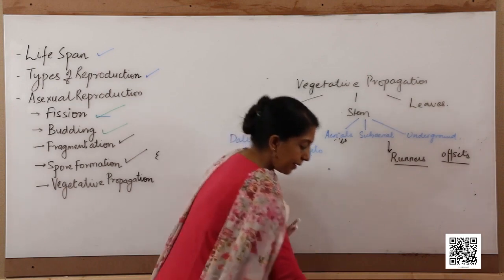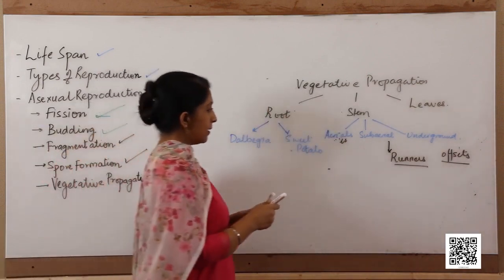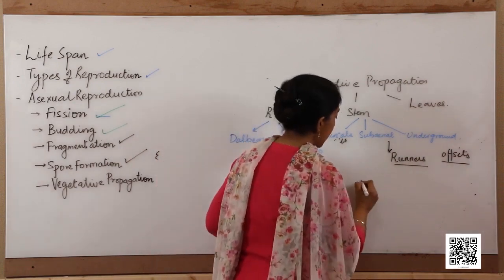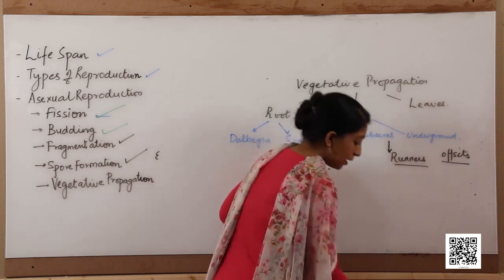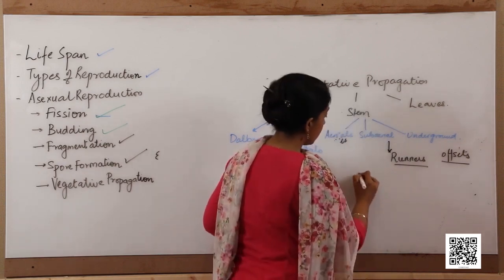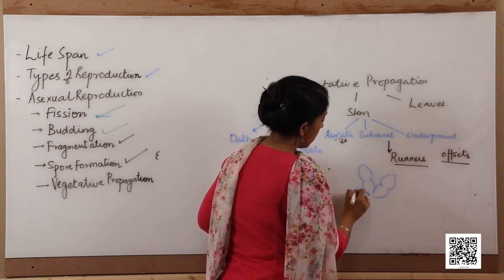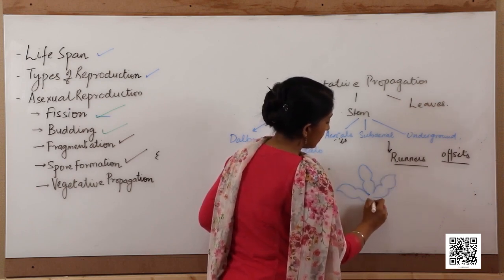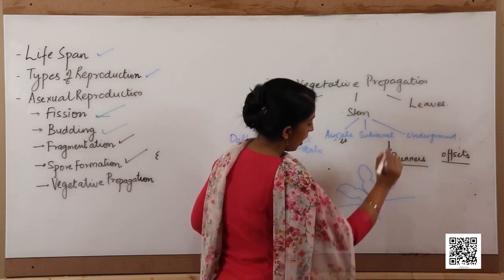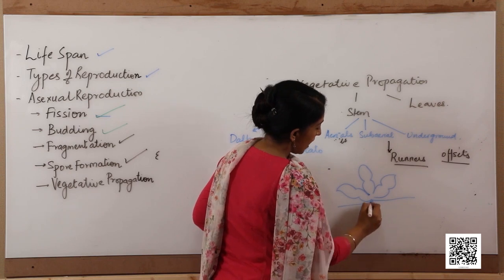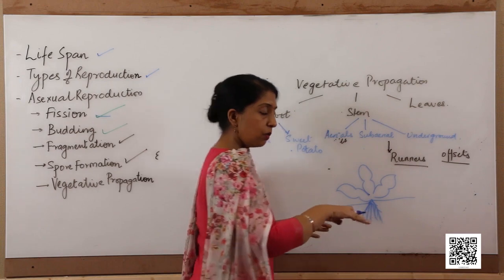Let us try to understand. Since these are aquatic plants, they have thick leaves. They look something like this, and they grow on the surface of the water, having leaves on the outer surface and the bulbous roots inside the water.